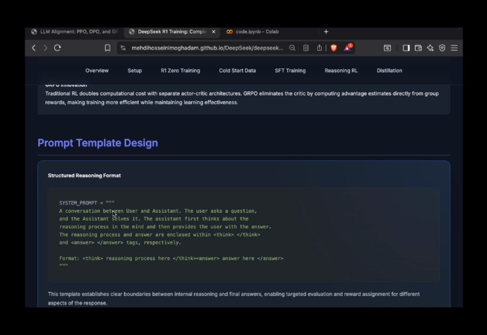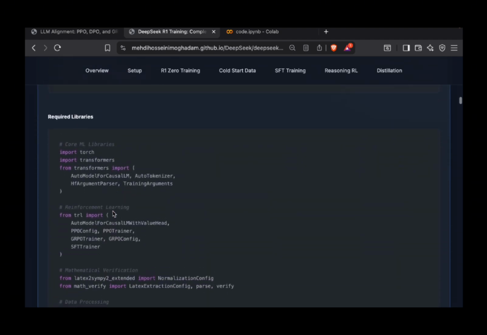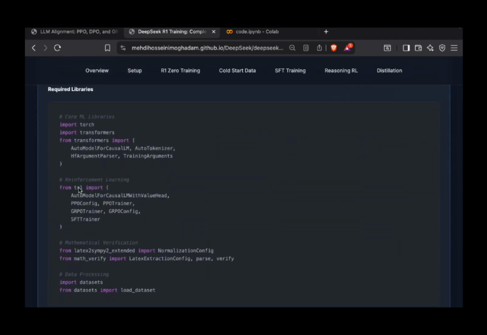So we need to design a couple of reward functions and then give them to a GRPO trainer from Hugging Face, which we can see here in the TRL package, which I think stands for transformer reinforcement learning. As you can see, we have the GRPO trainer and we have the PPO trainer, so we just import them all.